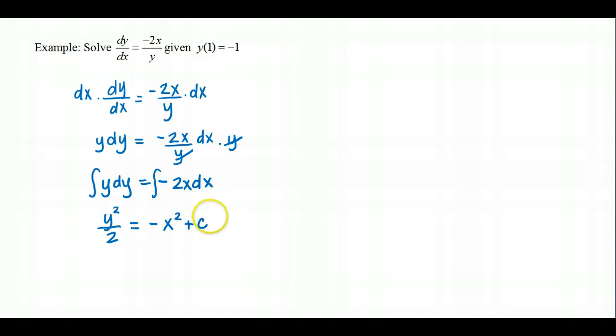In this case, I do have an initial condition. So whenever I plug x equals 1 into the equation, I should get out a negative 1 for the y value. So here, let's solve for it up at the top. I'm going to end up with negative 1 squared over 2 equals negative, my x value is positive 1 squared, plus c.